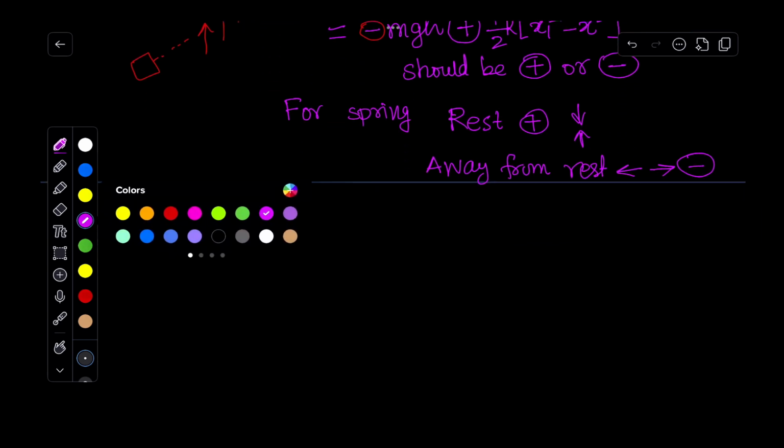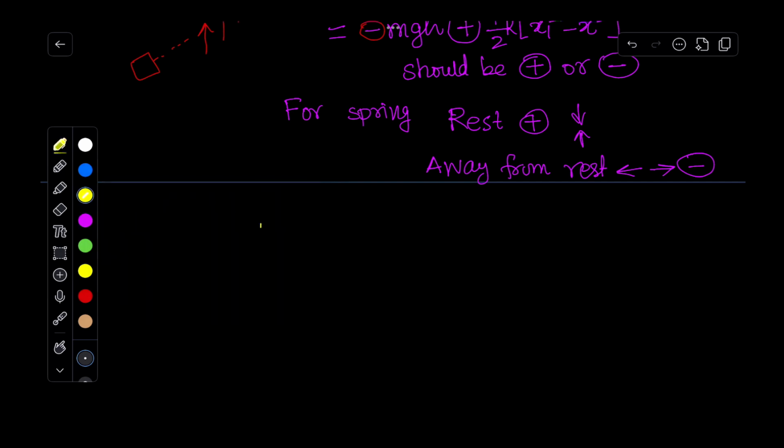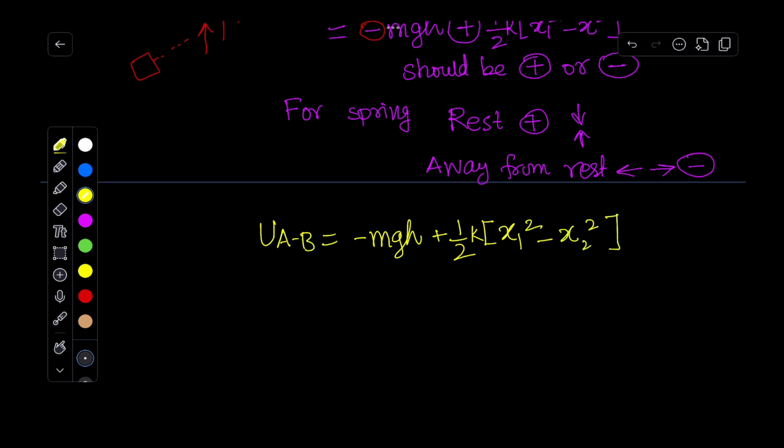In the next video I am going to upload how to calculate spring work, where it will be more clear. So in this case, the spring is going towards its actual position, because if you see from position A to position B, the spring is already stretched and the spring is going towards the original position. So we can say that it will be plus 1 by 2 k, x1 square minus x2 square.